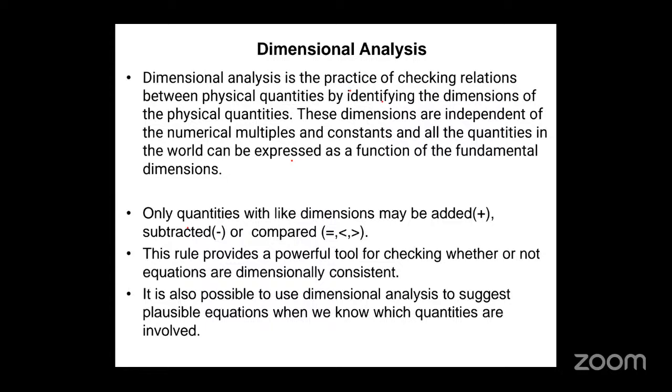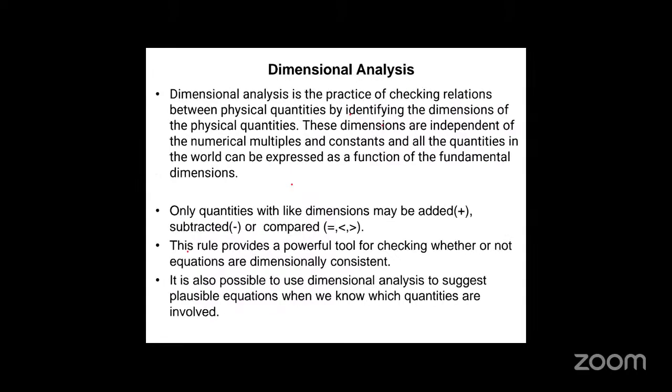You cannot add mass and time, when you know that this is mass, this is meter, and this is second. You can multiply, you can divide, but you cannot add them because they are not of the same dimension.